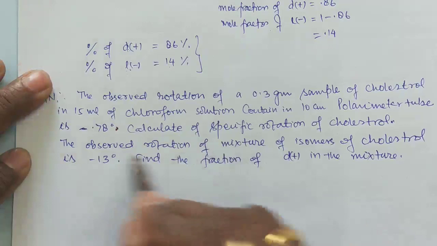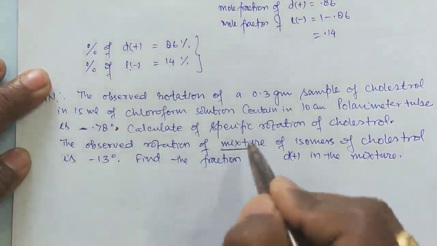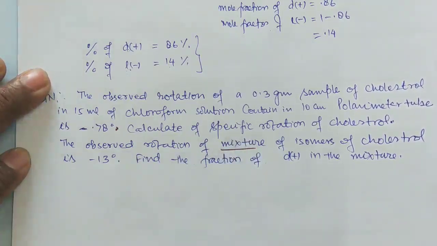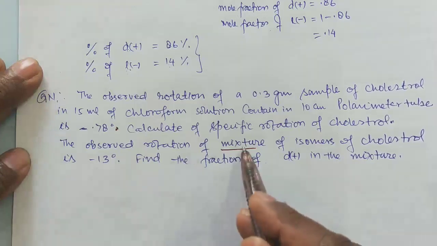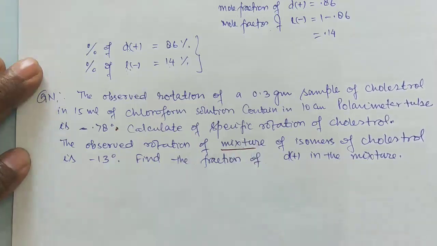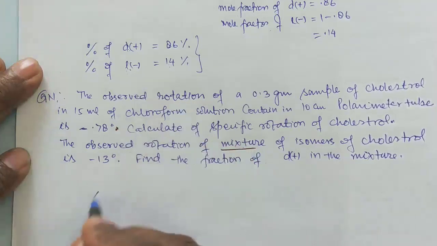Not exactly a racemic mixture, because if it is racemic, then the optical rotation is 0. So in this mixture, we have both D and L. So first we have to calculate specific rotation from the first data.